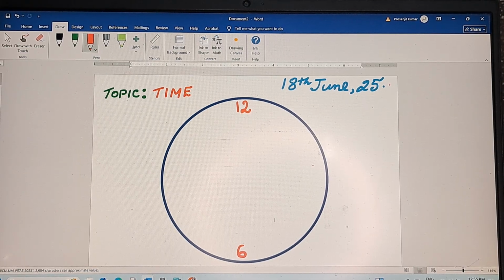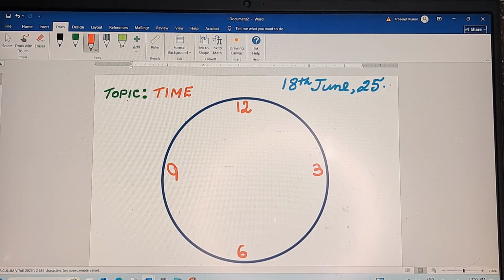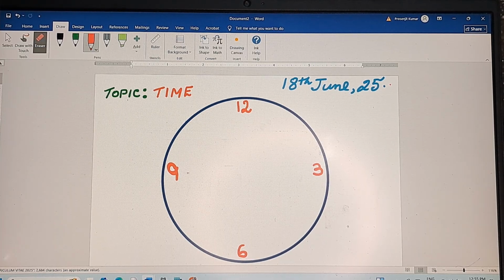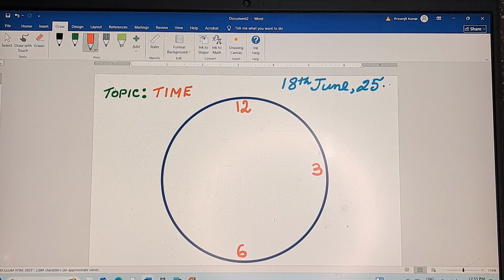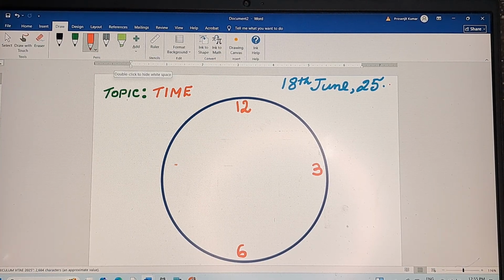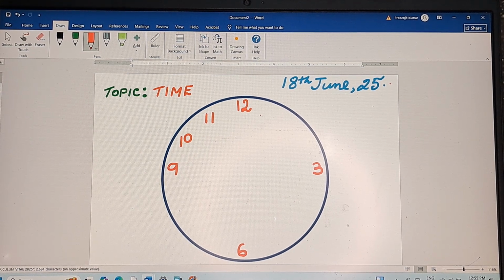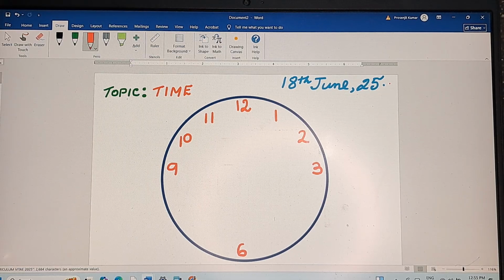On my right hand side I'm going to write 3, and then on the left hand side I'm going to write 9. Now in between we will fill the gaps. So when you all draw the clock like this, there will be uniformity in the numbers.